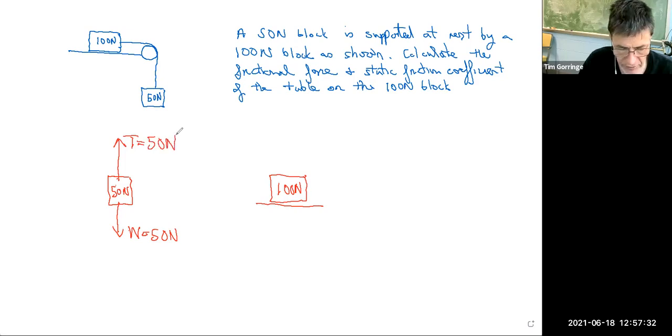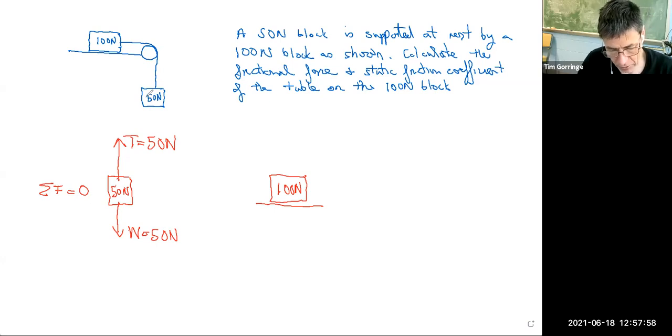And if it's in equilibrium, it must be equal and opposite to the weight. So it too must be 50 newtons. So these are the two forces acting on the hanging block, weight and tension, and the sum of these two forces, they're equal and opposite. One's up, one's down, they're both 50 newtons. The sum of the forces are zero, and that's why it's in equilibrium.